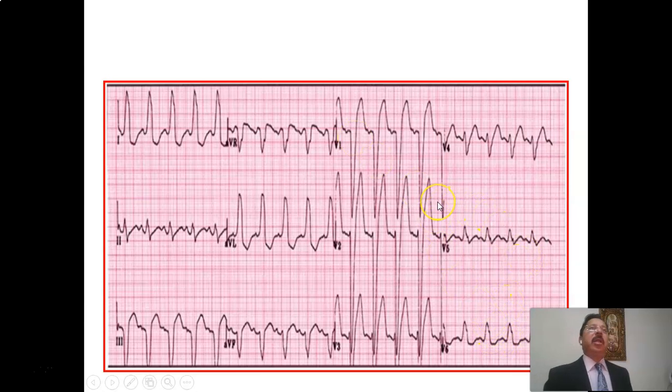So this is your left bundle branch block, and you see there is ST segment elevation also. So ST segment elevations are normal features in presence of left bundle branch block, right?